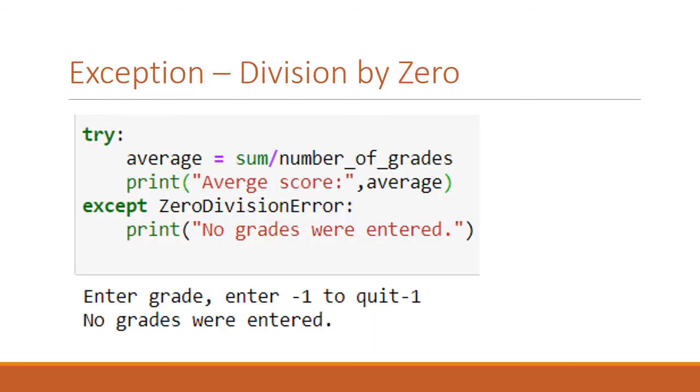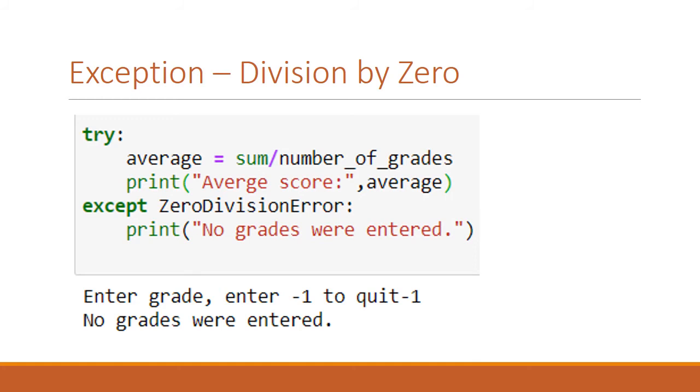So let's consider how we might use a try except in order to handle a division by 0 error. So in the try block, we would execute the statement to calculate the average. So we would have sum divided by the number of grades and assign that to average.